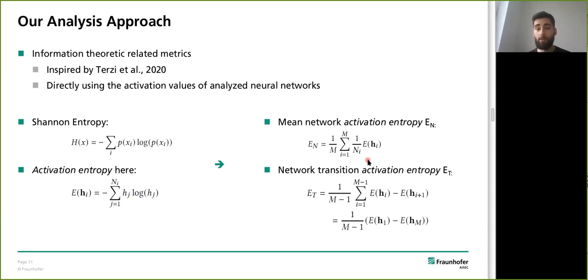So EN is the mean network activation entropy of the analyzed neural network. The network transition activation entropy, ET, is calculated as the difference between the activation entropy of the first layer and the last layer, so we can get an intuition how the activation entropy changes throughout the neural network during forward passes.